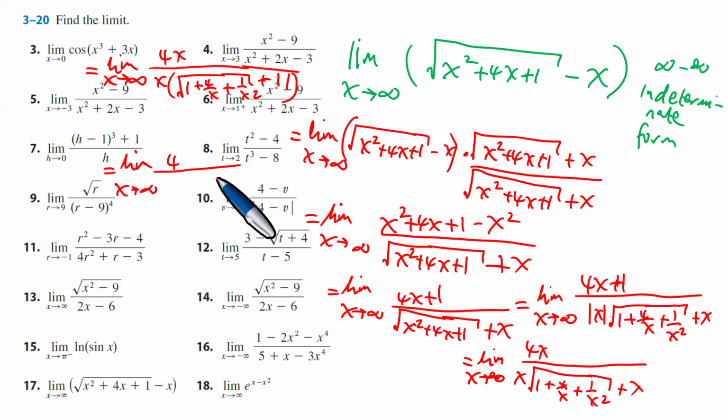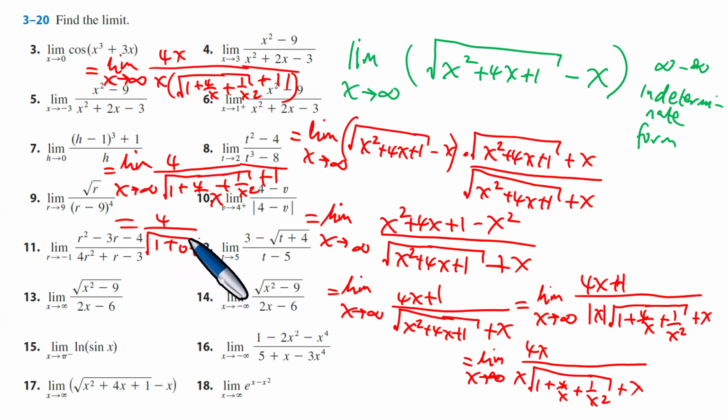So this is like 4 divided by the square root, because the x cancels, of 1 plus 4 out of x plus 1 out of x squared plus 1. As x approaches infinity, which is 4 divided by the square root of 1 plus 0 plus 0 plus 1.